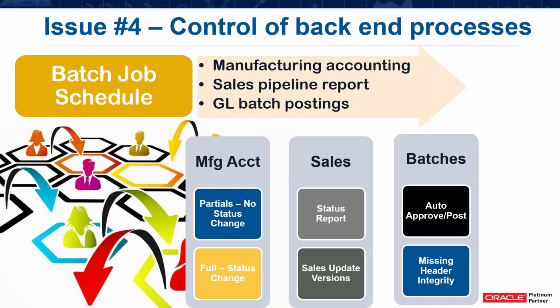So make sure that you have this integrity report as part of your process. There is also an option to automatically recreate the headers. So if you put it on your job schedule right before the batch posting programs run, you won't be missing any headers anymore. That again ties up your account balances to make sure that they're accurate and gives you a better reconciliation process.